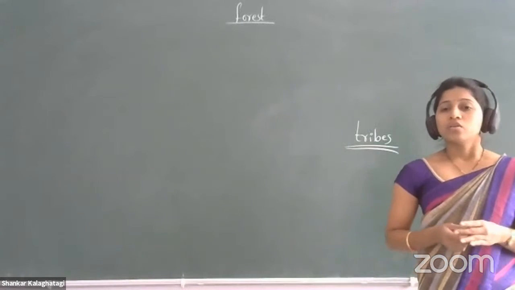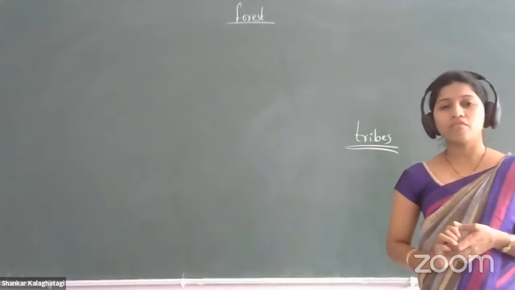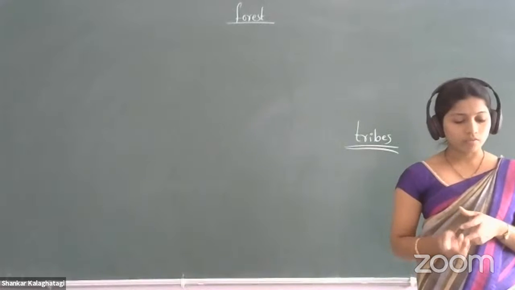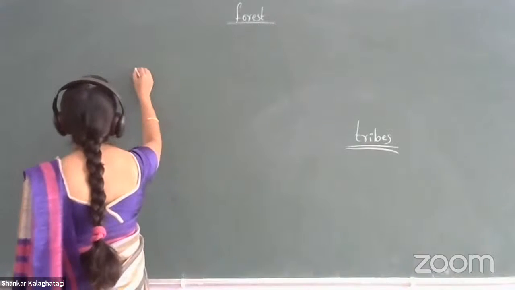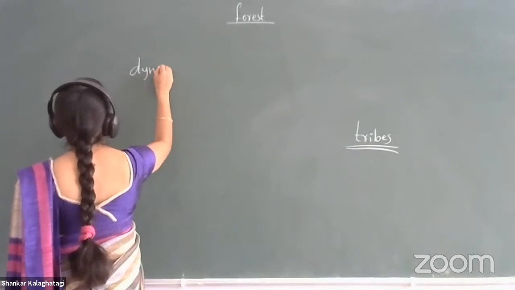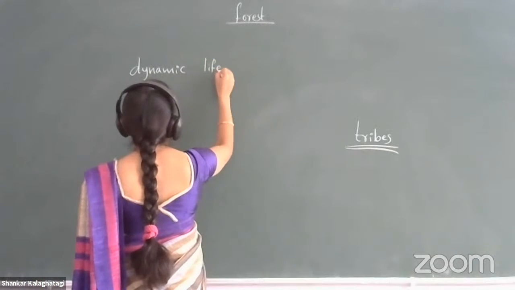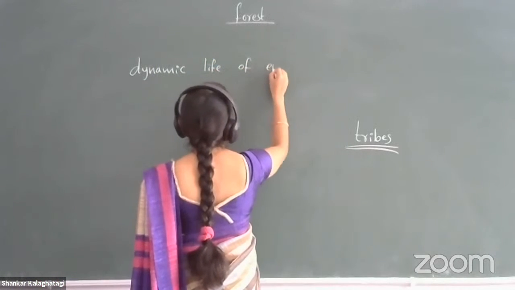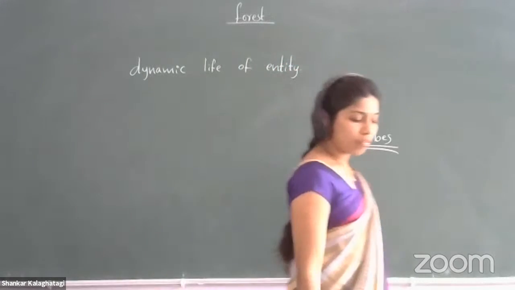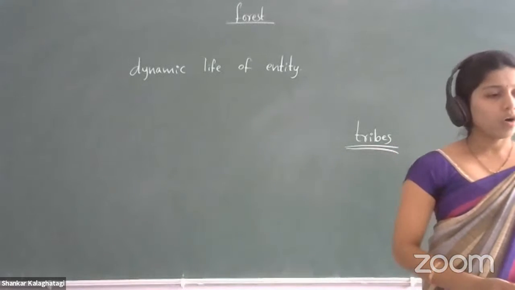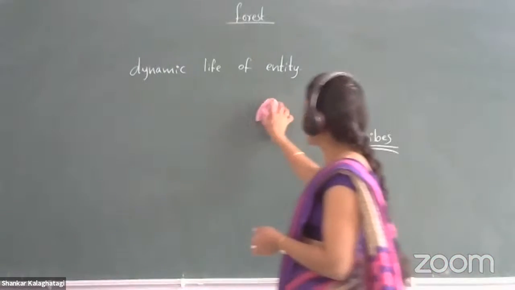Okay, so next one, the forest is called a dynamic living entity. Okay, so why is it called a dynamic living entity?